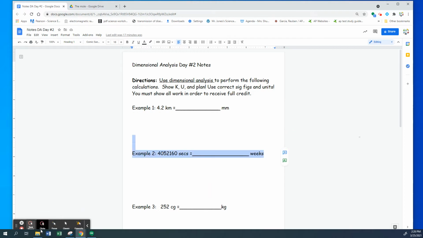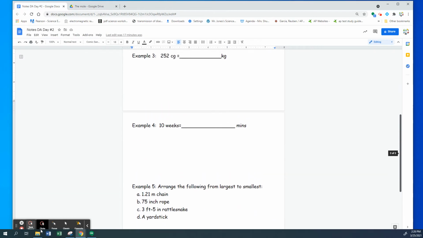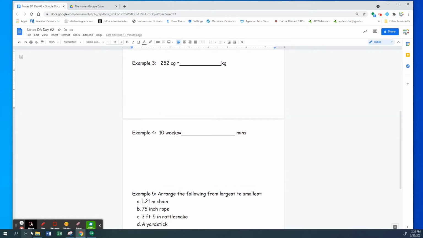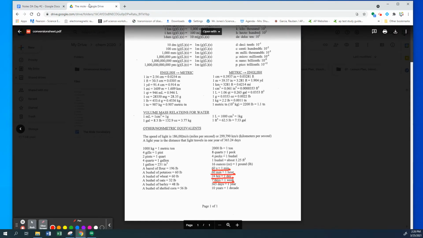Okay. Moving down to example number 3. What my known is 252 centigrams. I'm going to go to kilograms. That is my unknown. Looking at my conversion sheet, I'm going to need the top.